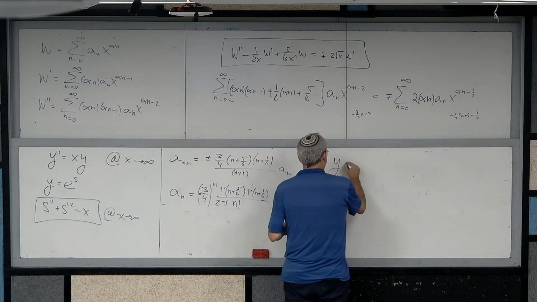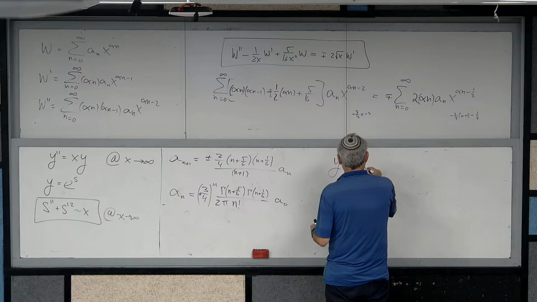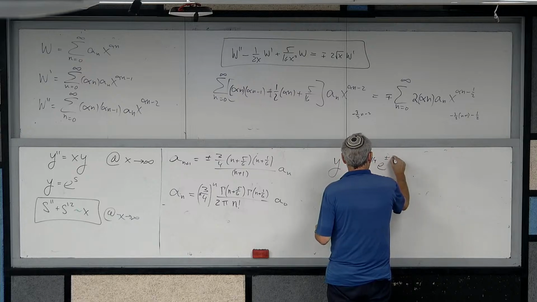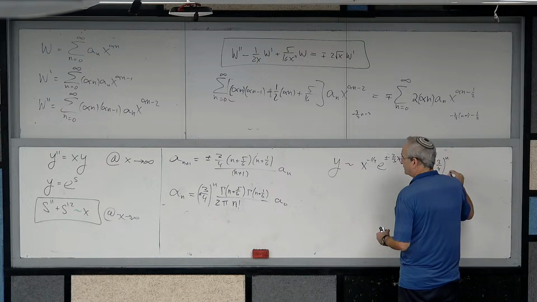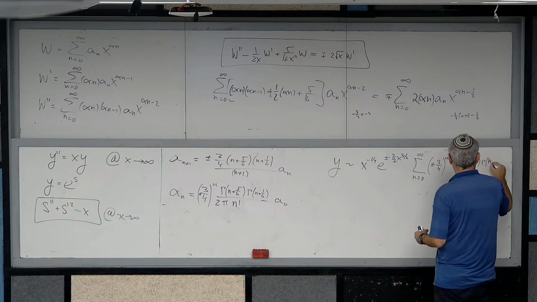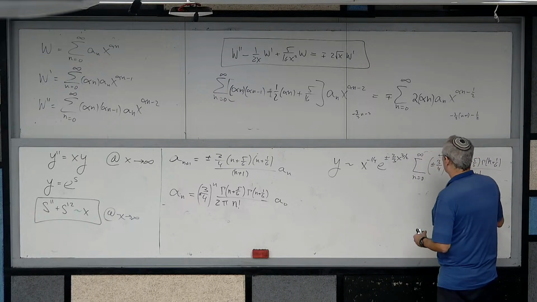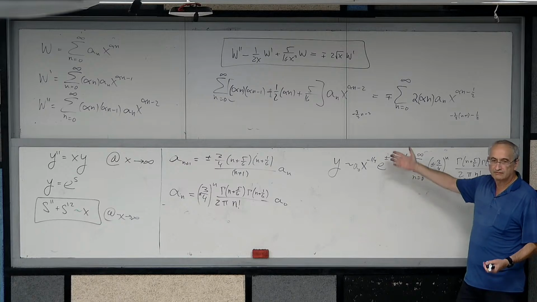So y is asymptotic to x to the minus 1/4, e to the plus minus 2/3 x to the 3/2, times the sum from n equals 0 to infinity of plus minus 3/4 to the power of n times gamma of n plus 5/6, gamma of n plus 1/6, divided by 2 pi n factorial, and all this is multiplied by a0 or something, by a factor, because it's a homogeneous equation and I can always multiply it by whatever I like.